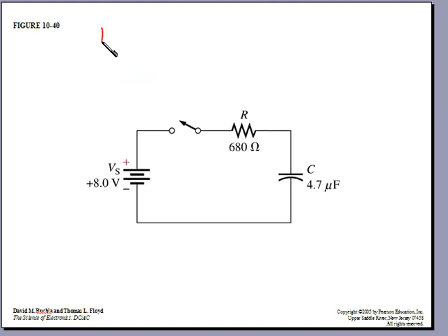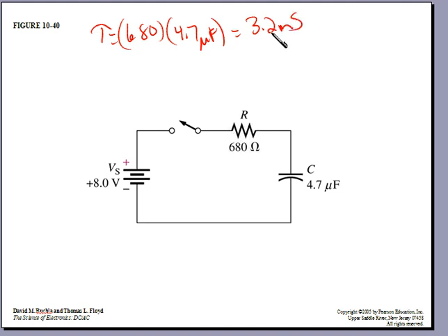Here's another one. Here the time constant is going to be 680 ohms times 4.7 microfarads. So 680 times 4.7 micro, 3.2 milliseconds.